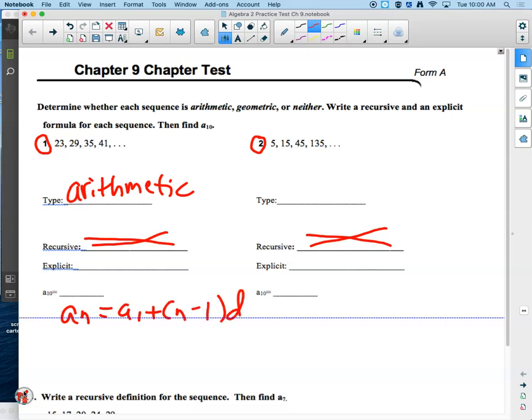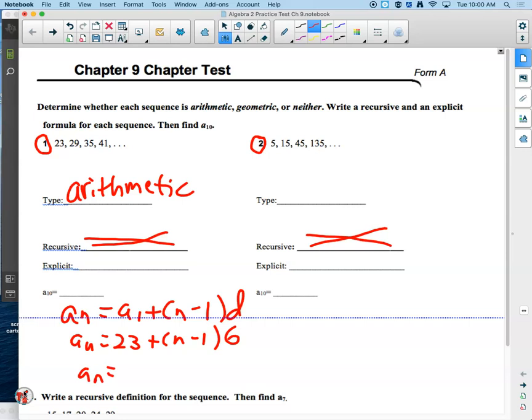And then you just have to remember which two numbers we had to find so we could write that formula. Which two? Good. A sub 1 and d. And a sub 1 is pointing right at us there. It's 23. So a sub n equals 23 plus n minus 1. What was d? Yep, they're adding 6 every time. And then distribute, simplify, make it look really nice.